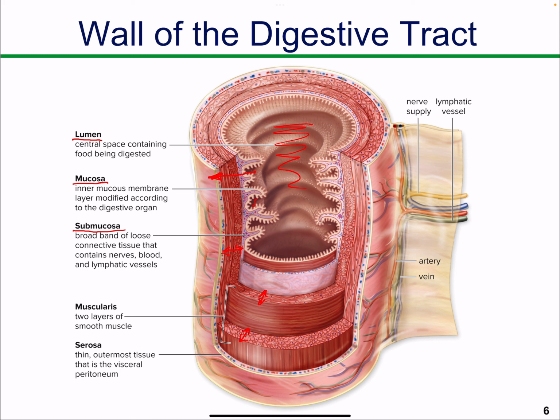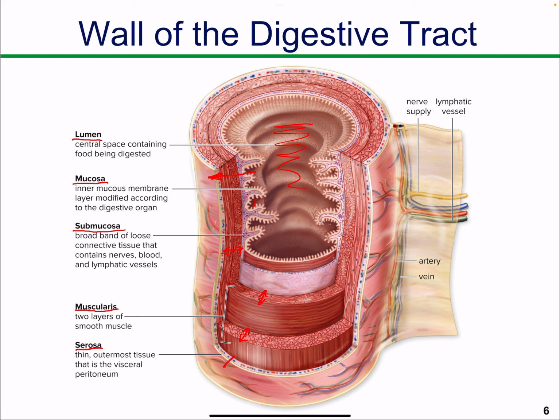The muscle layers are called the muscularis. Two muscle layers in most of the digestive tract. The only difference we are going to see is in the stomach, that has 3 muscle layers instead of 2. And on top of the muscle layer, we are going to have right here the outermost layer that is called the serosa.